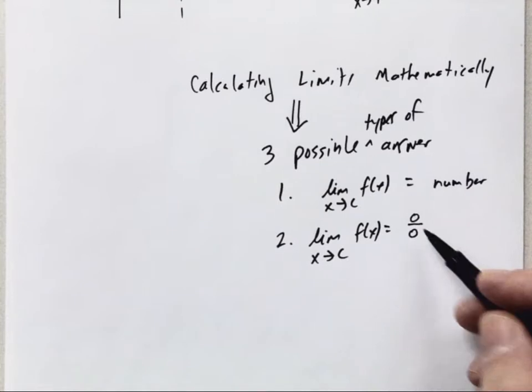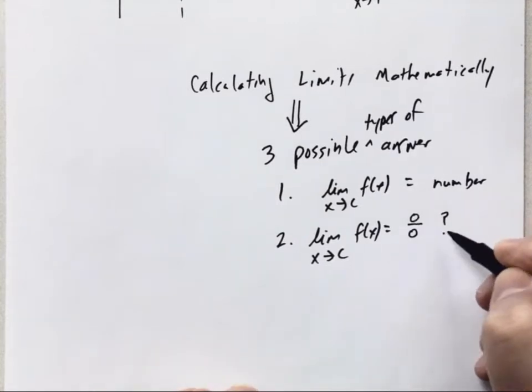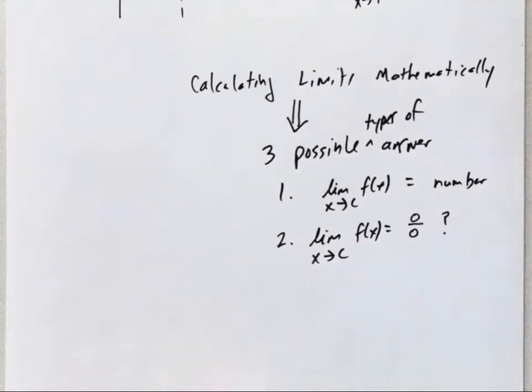Now in a minute, there's something we can do about this to still try and solve for the limit, and we'll talk about that in a minute. But sometimes it happens.